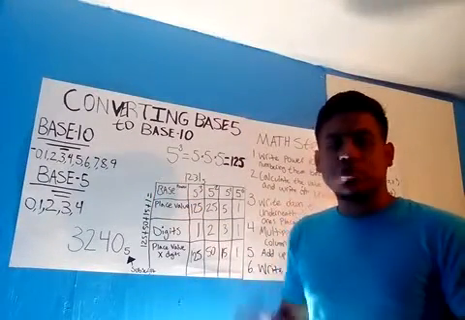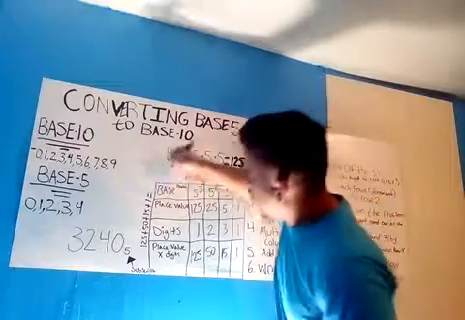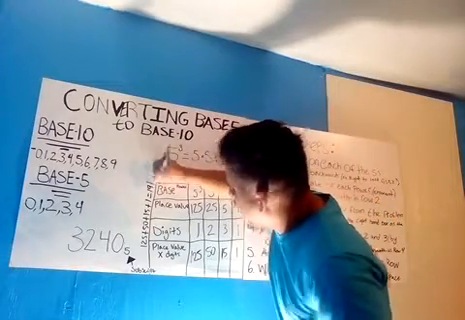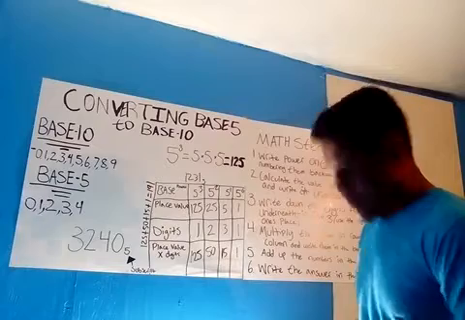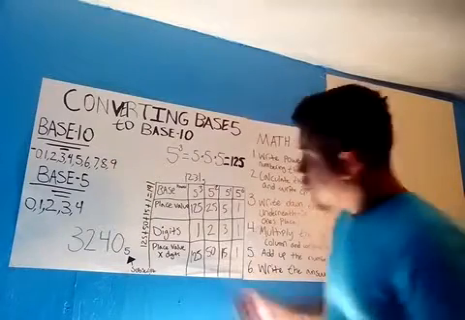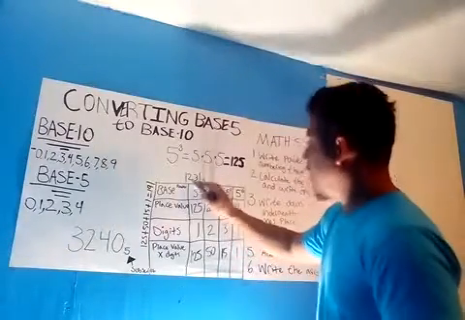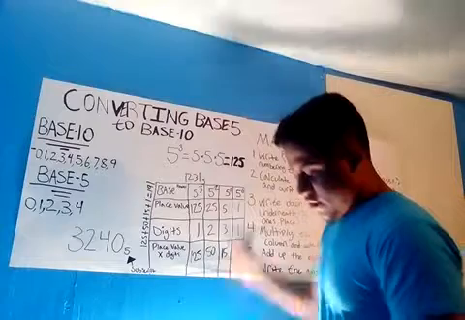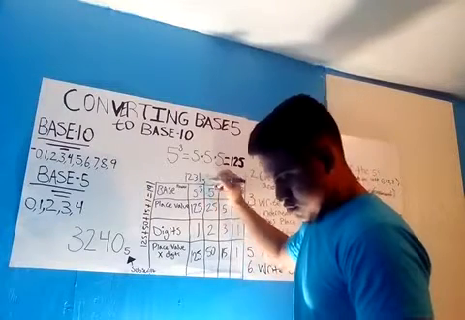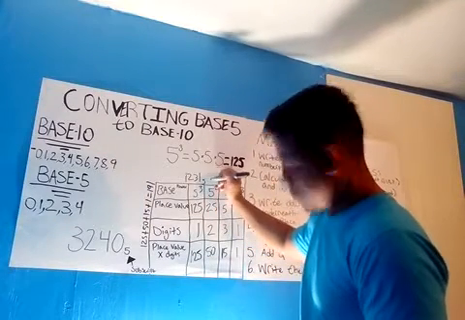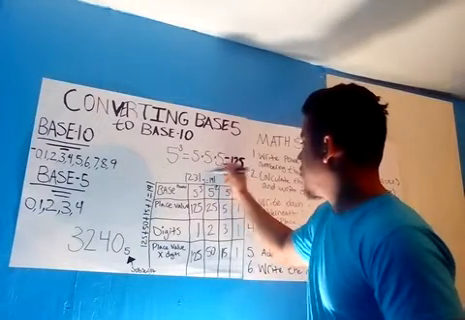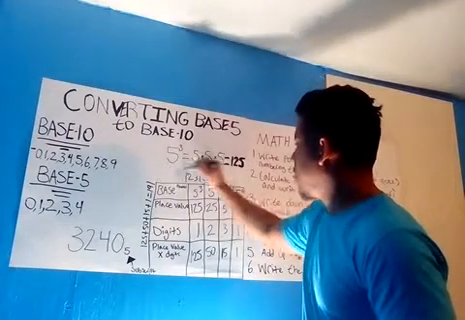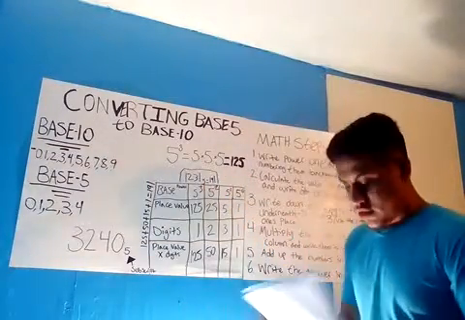Yes, Charles? Good job. Yes, 191. So that's it for that problem right there. 1231 with a subscript of 5 equals 191. Sure, you could box it if you like. Okay?